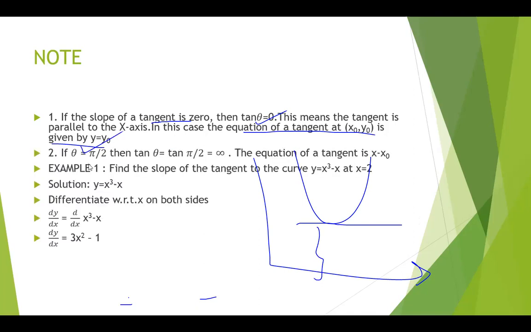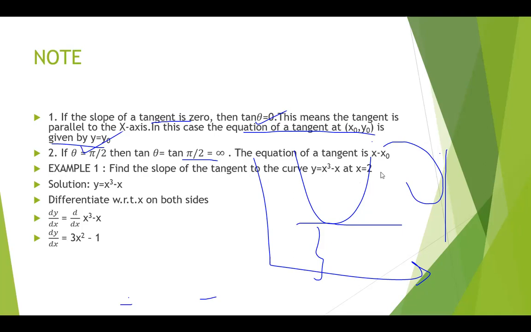Then, if the slope of the tangent drawn is 90 degrees, if you have a curve like this and the slope of the tangent is like this, then if it is perpendicular to the x-axis, that means it's parallel to the y-axis. At that time, tan theta is equal to tan 90. It becomes infinity.